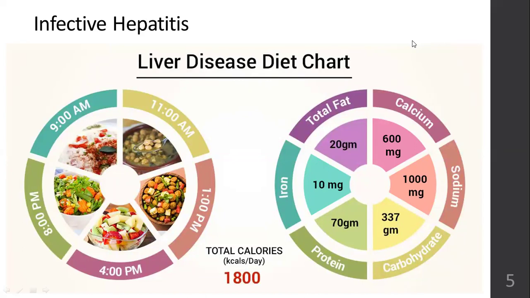A very controlled way of giving diet, which is low fat. A high protein, high carbohydrate diet is given, but low or moderate fat is recommended. And small meals at regular intervals should be given. Overfeeding should be avoided because you should not exhaust the liver.